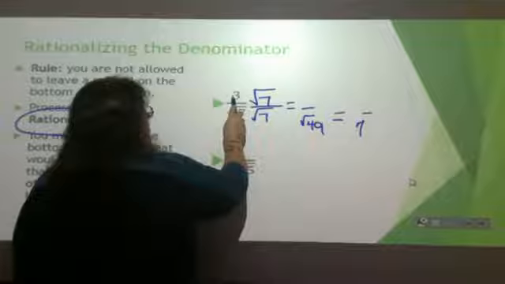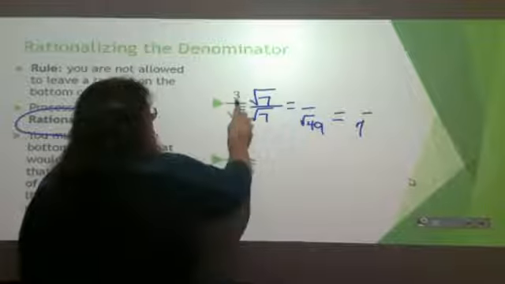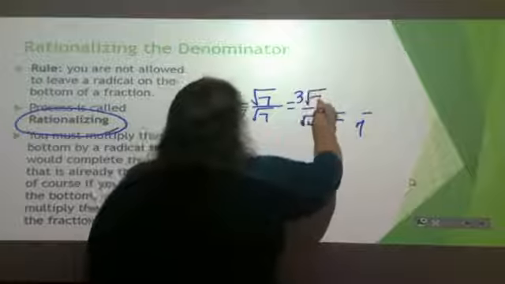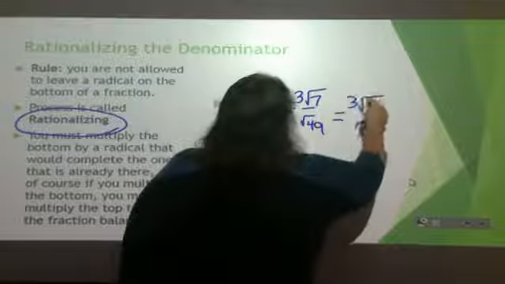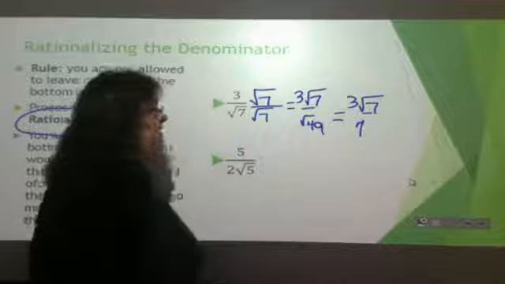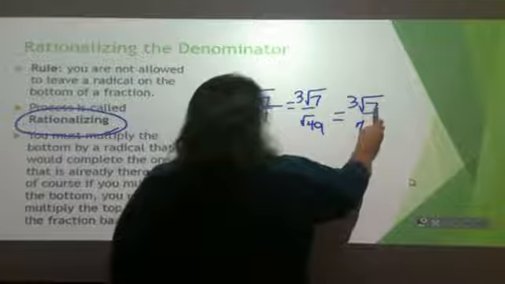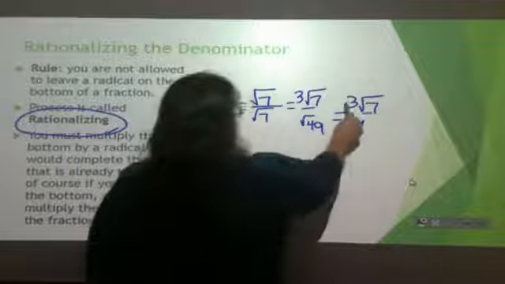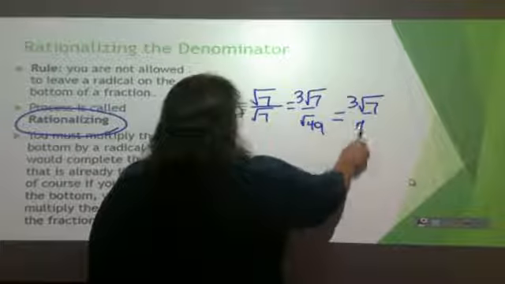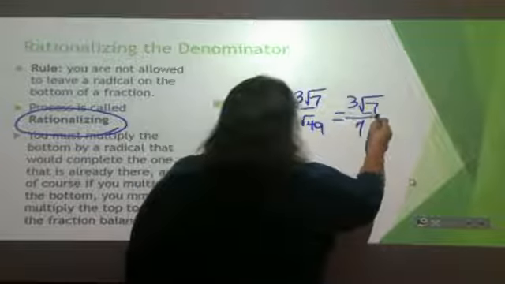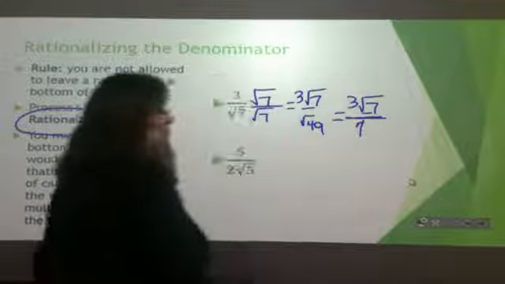On top, 3 times square root of 7. The 3 is not inside the radical, so it's going to stay on the outside. Now, the last thing you do with every fraction is look to see if it reduces. You never can go back inside the radical, but you look at the coefficient in front. 3 and 7 don't reduce each other, so that's my final answer.